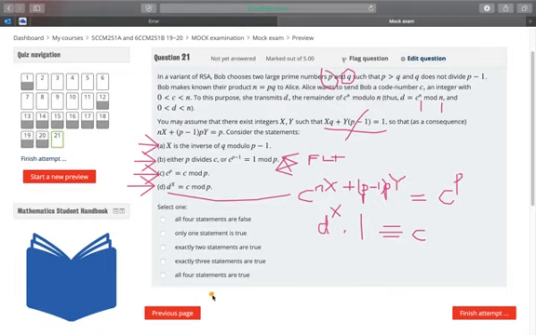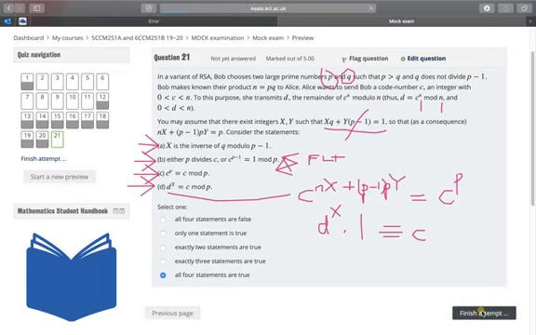And this is actually one of these questions in which you have to go through them all and decide whether they're all true. And they are all true. So they're all true, and that's the end of the quiz. And we can check now our answers.